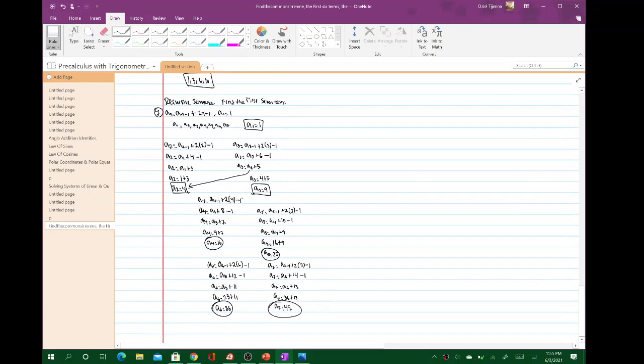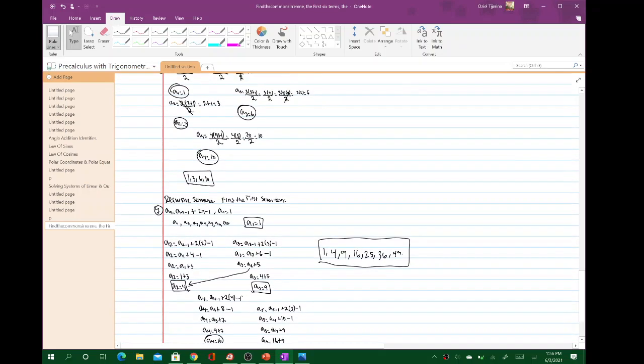The first 7 terms are 1, 4, 9, 16, 25, and then 36, and then 49, okay? And that is the answer to this problem.